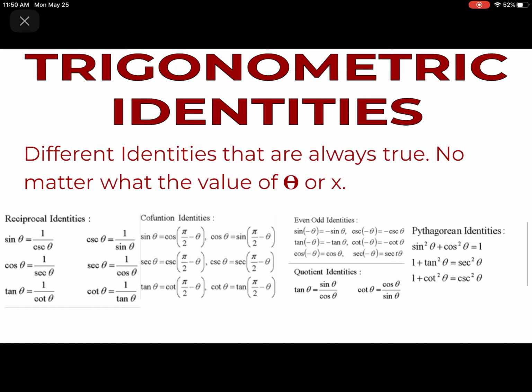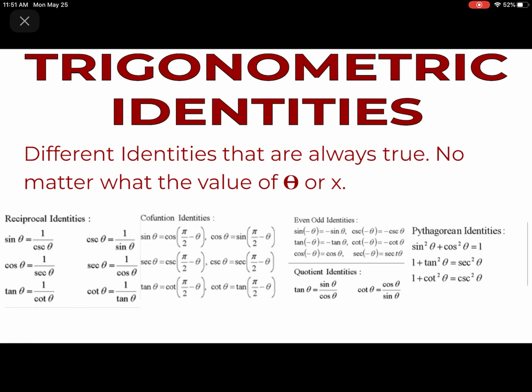Some of our identities are the reciprocal identities, which is like sine and cosecant, cosine and secant, and tangent and cotangent. Then we have cofunction identities, which are weird because it changes. It shows you which ones are going to be the same. Okay, even and odd identities.